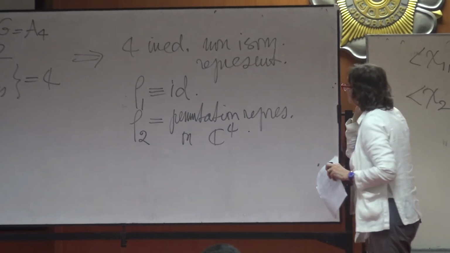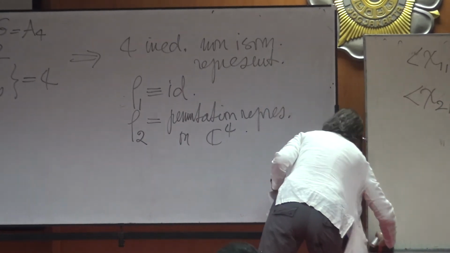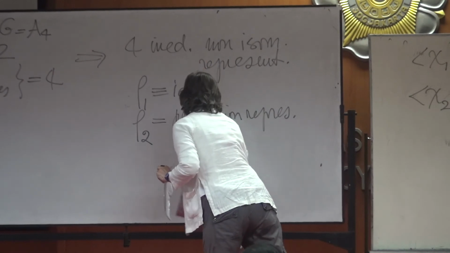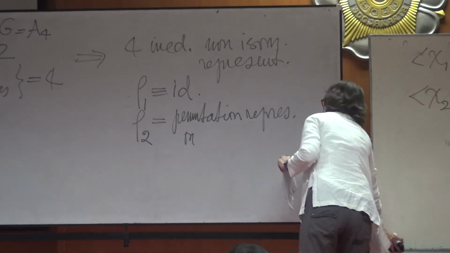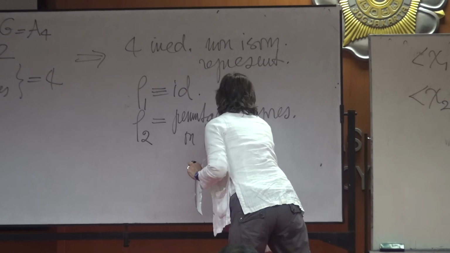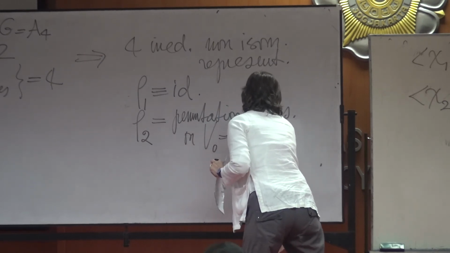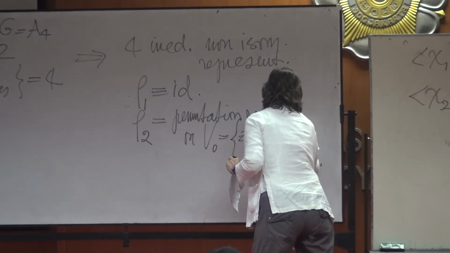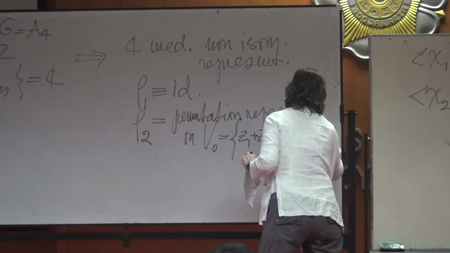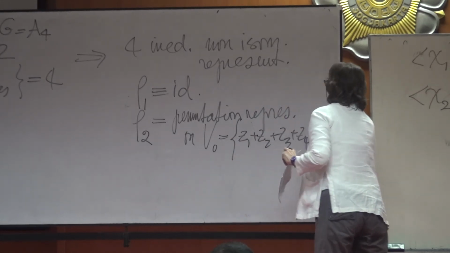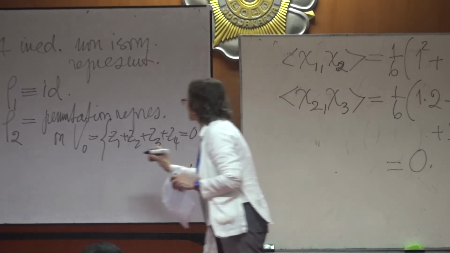You know that this is not irreducible, already by S4, but we take V0, the set of vectors in C4 with Z1 plus Z2 plus Z3 plus Z4 equal to 0. This is 3-dimensional.